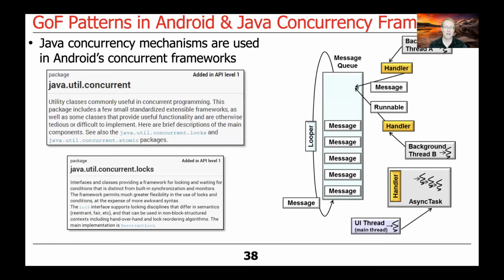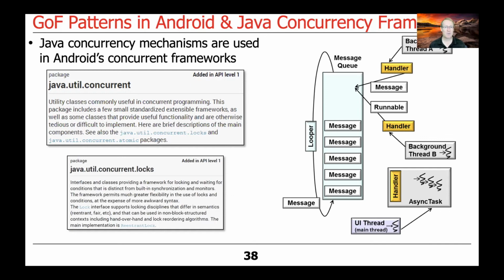Java concurrency mechanisms, of course, are also very heavily used at the core of Android's concurrency frameworks. So there's lots of use of things like the LinkedBlockingQueue or blocking queues. There's lots of use of things like reentrant locks and condition objects, and even Semaphore appears in a few places, although it's not the most popular pattern in Android because you don't really need its behaviors most of the time.